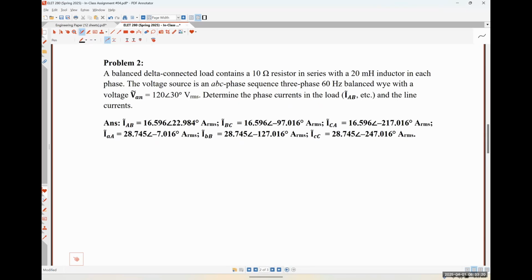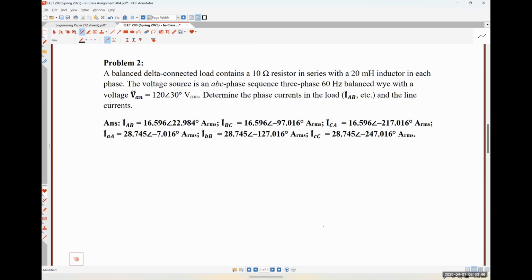So in this problem, we have a balanced delta connected load, which is containing a 10 ohm resistor in series with a 20 millihenry inductor in each phase. The voltage source is positive phase sequence at 60 hertz. It is a Y connected source having a phase voltage of 120 angle 30 degrees volts RMS.